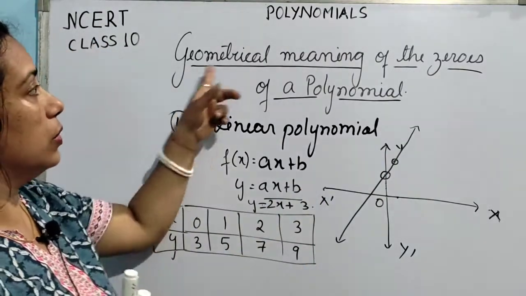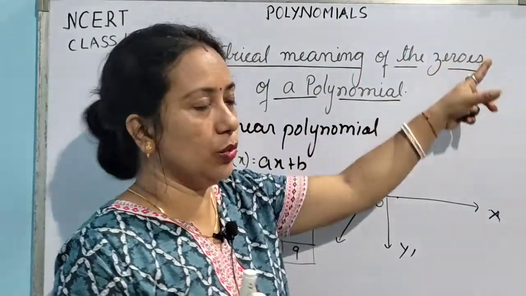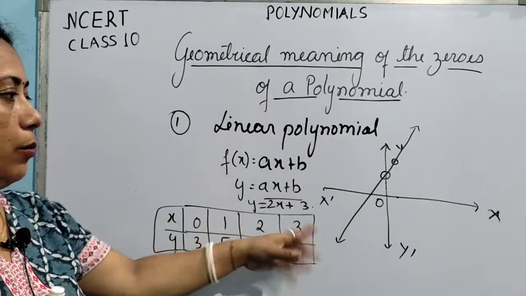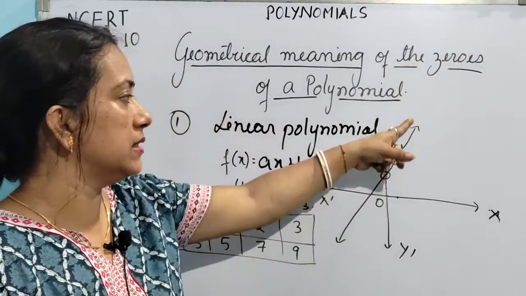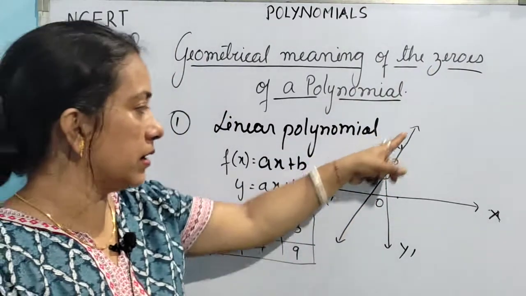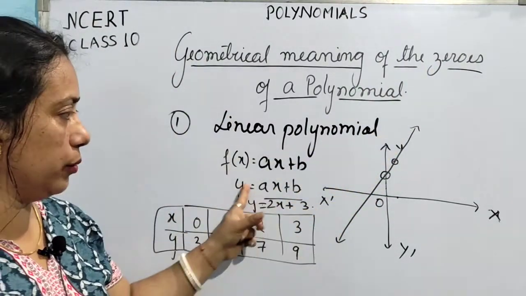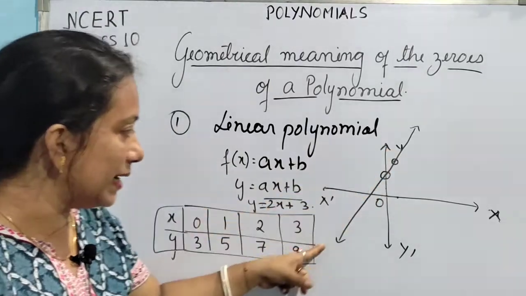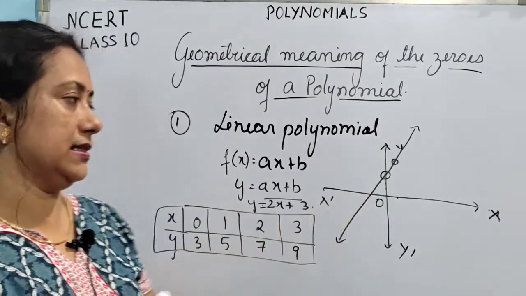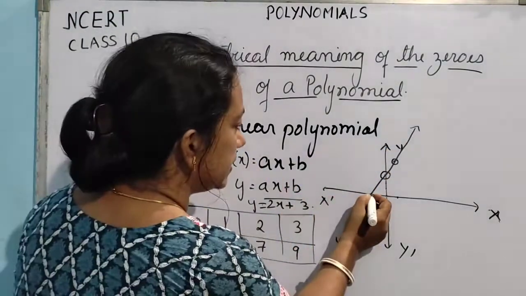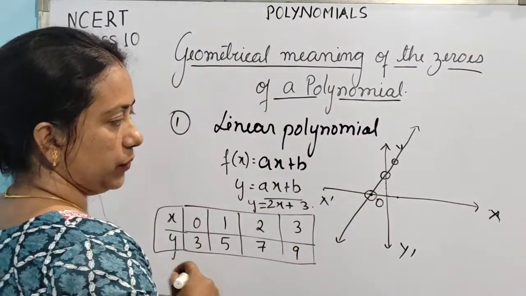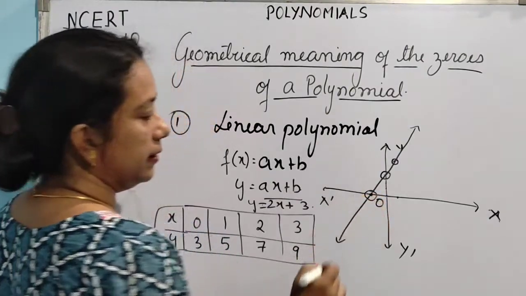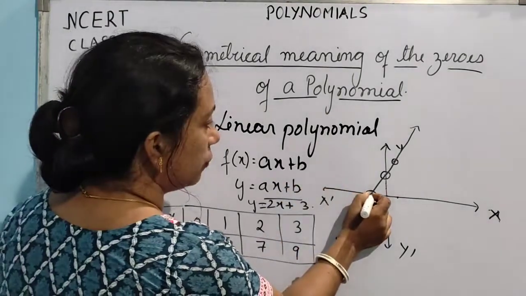Now what about the zero? This is the graph for the linear polynomial. Now what does this zero mean? Zero means the point where this line, the graph of this particular polynomial, intersects the x-axis.